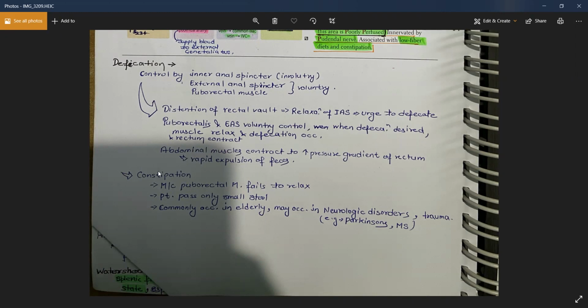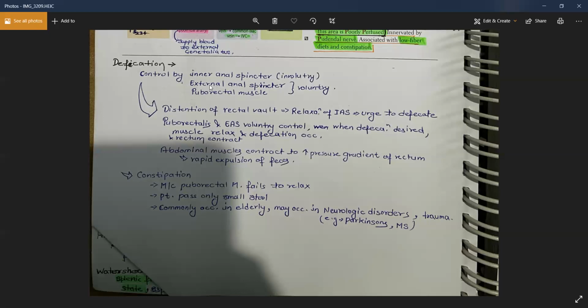So constipation occurs whenever either of these two sphincters fails to relax or the puborectalis muscle fails to relax, because this is a muscle which is forming the external anal sphincter. So constipation will occur whenever the puborectalis muscle, which is a part of your external anal sphincter, fails to relax.